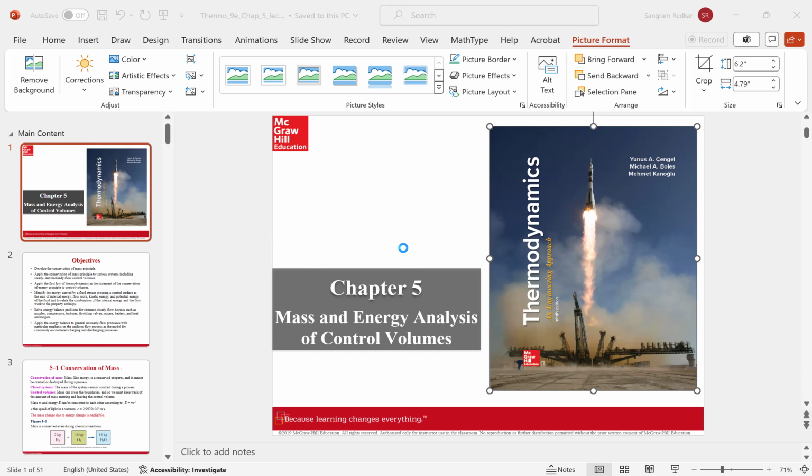The definition of flow work: force is equal to pressure times area, and multiplying by the distance traveled, L, gives you volume. So the flow work is given as P times V.